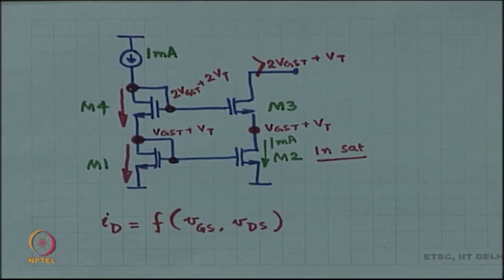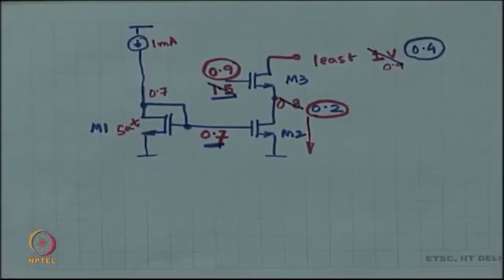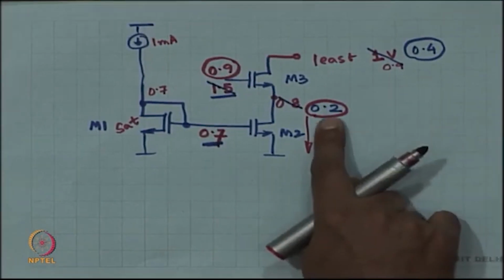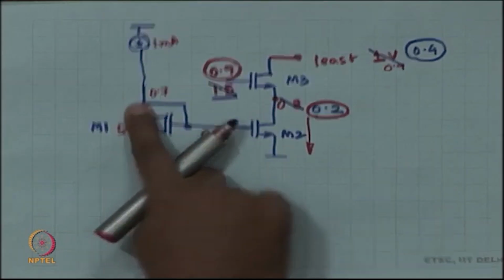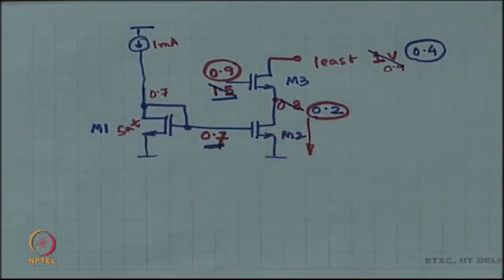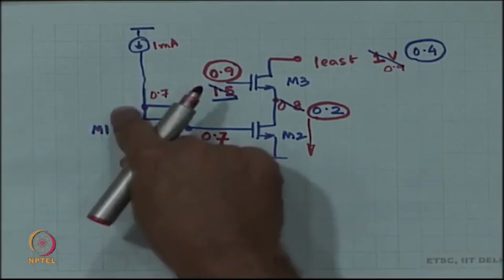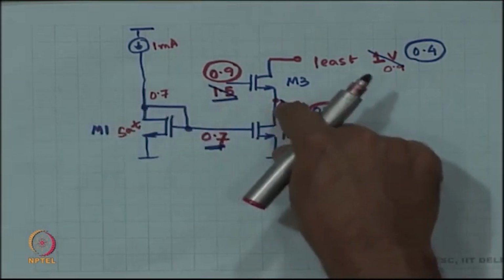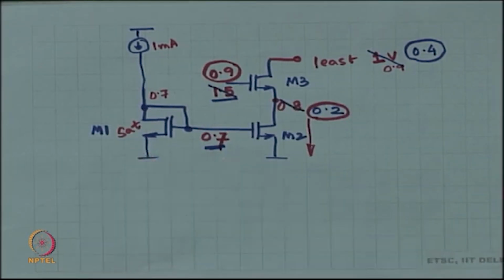Now, this feature was not there earlier. Earlier, whatever we did, here this drain was at 0.2, this drain was at 0.7. So, VGS was equal, but VDS was different, which means that there could be a slight difference between the actual current in M2 and the current in M1.